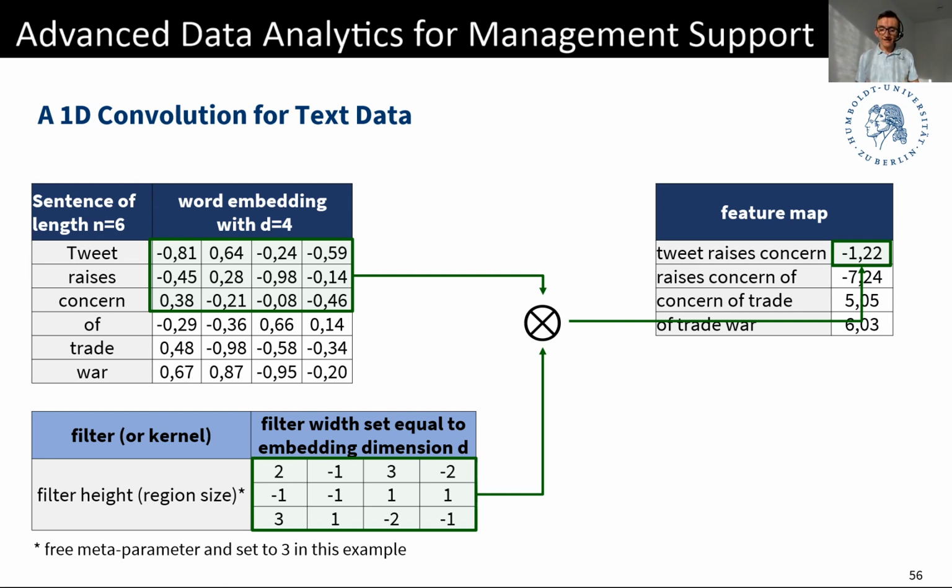So that's fine. Whereas using filters that would not cover the whole embedding dimension, that do not go over all the columns in my table, that would not really make sense. In a nutshell, we need to set up our data the proper way.